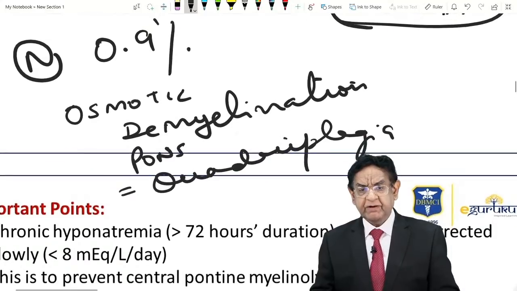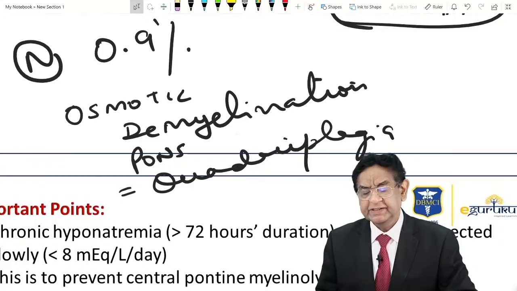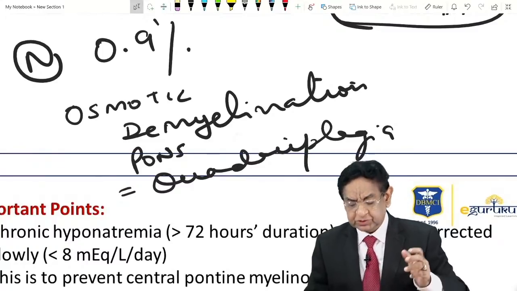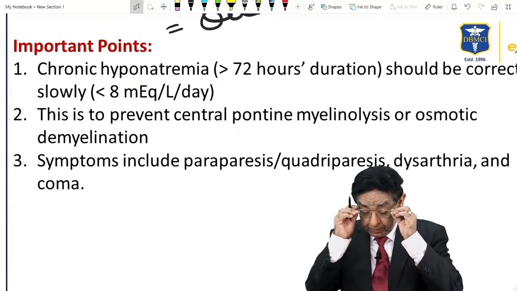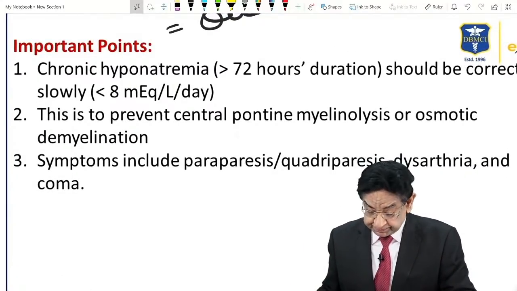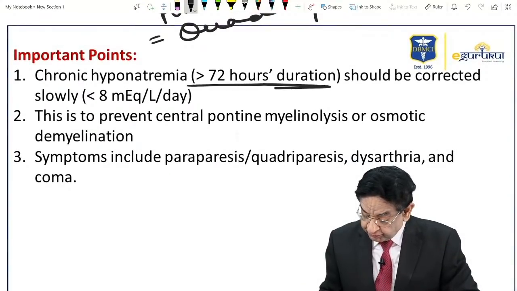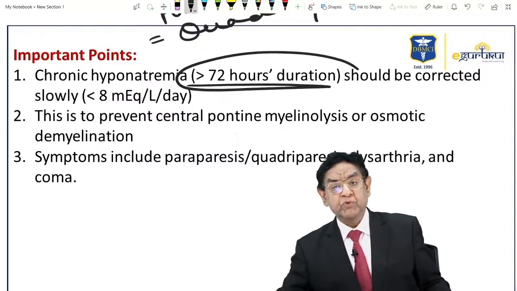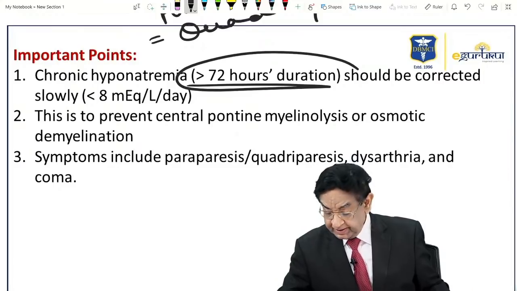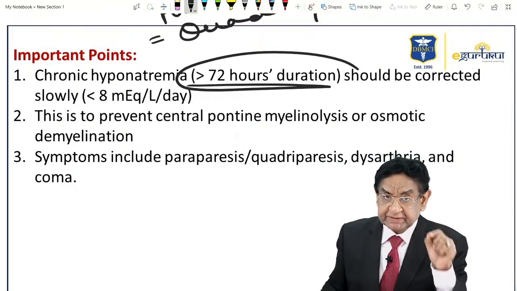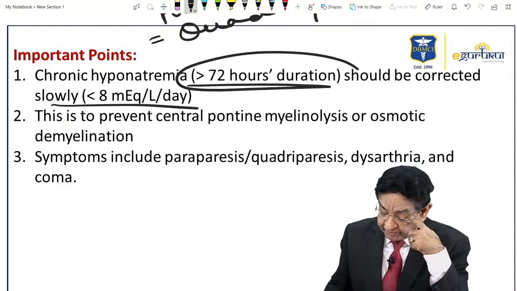The patient will develop quadriplegia by osmotic demyelination if you get a sudden increase in the sodium level. We understood. So now the chronic hyponatremia. When you say it is more than 72 hours, chronic, then again the principle remains the same. Always less than 8 milliequivalent per liter per day.